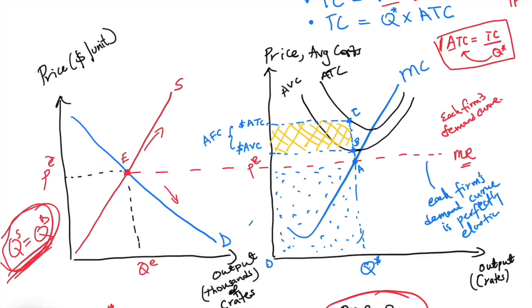And why is it horizontal? It's because no one firm has influence over prices. They are price takers. Suppliers are price takers in perfect competition. I hope this helps you.